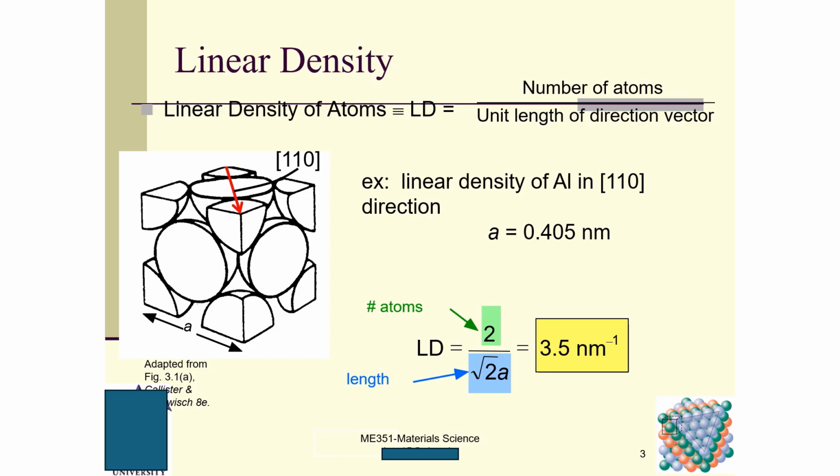So we have this [110] here. Along this direction, we say this one is the origin, from here to this corner, this diagonal, and how many atoms do we have? We know that here is one atom, right? So this is one atom in the middle.